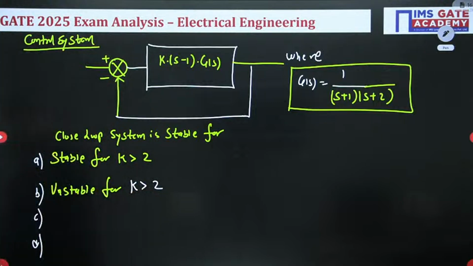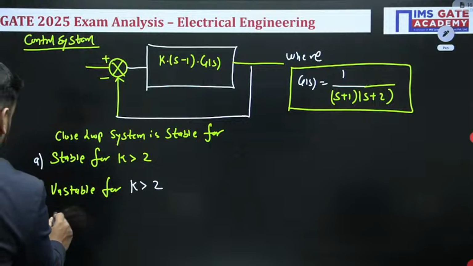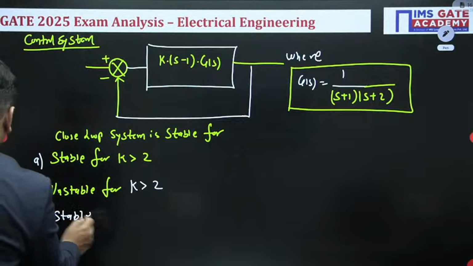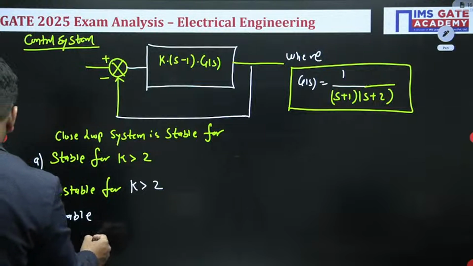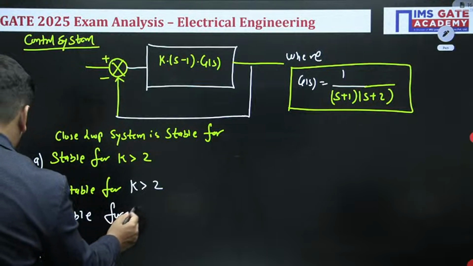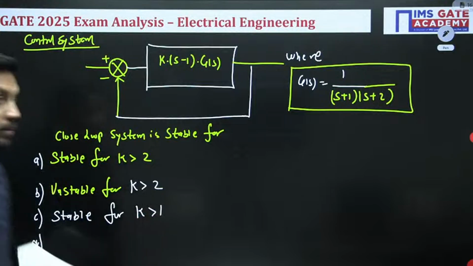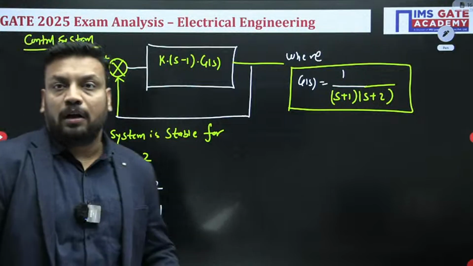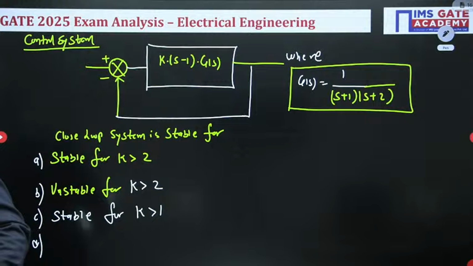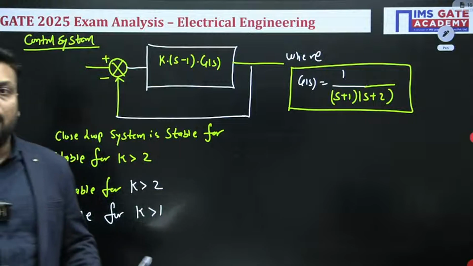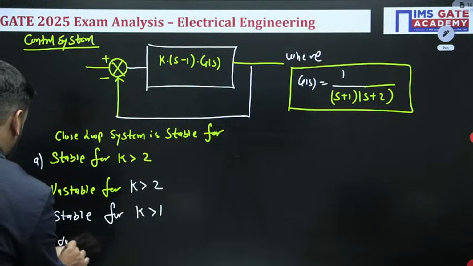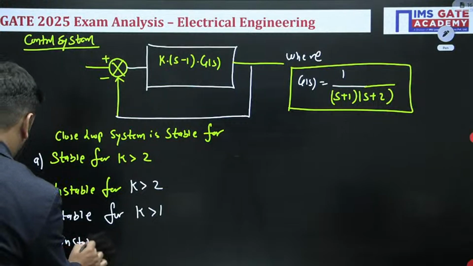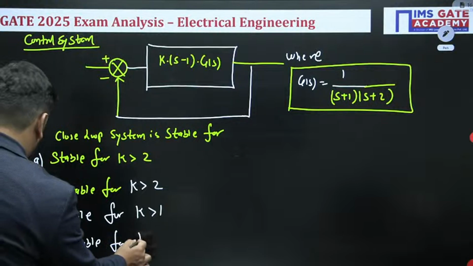Next, stable for K is greater than 1. Am I audible guys? Do reply fast. I hope audio video is clear. Yes. So stable for K greater than 0, and the last is unstable for K is less than 1.